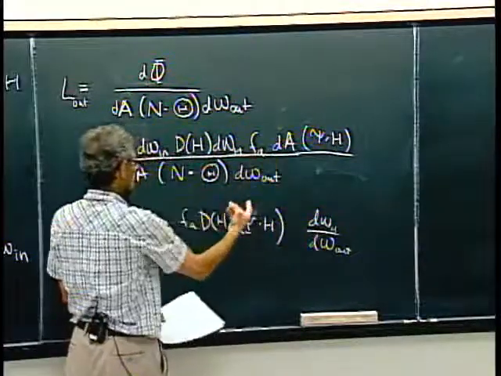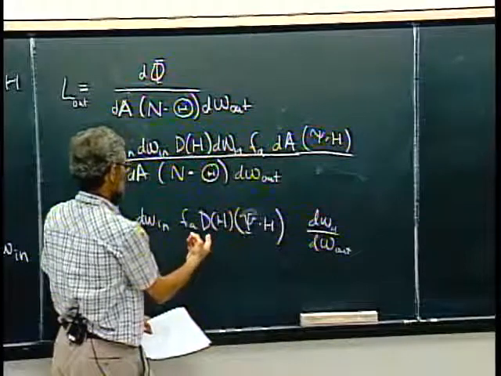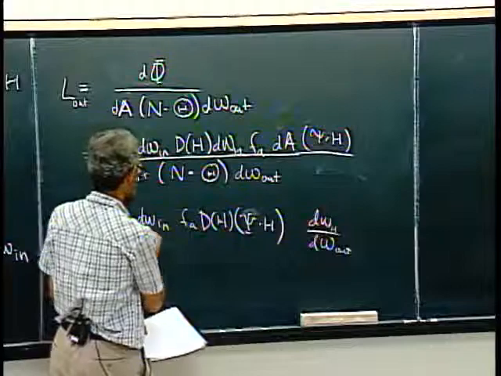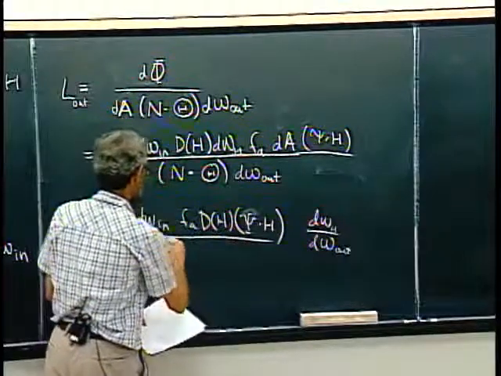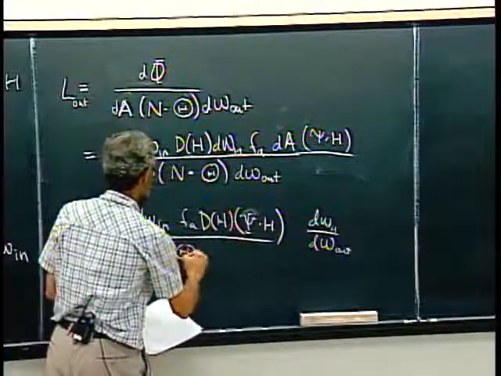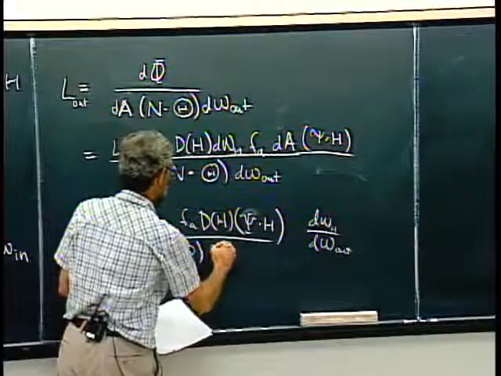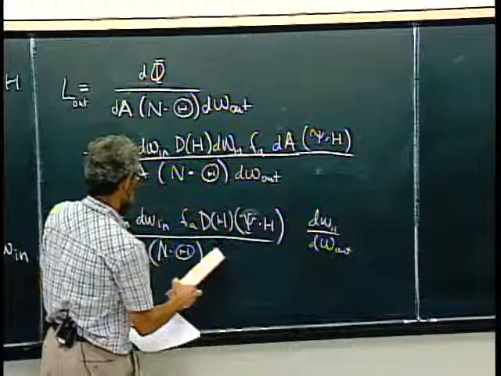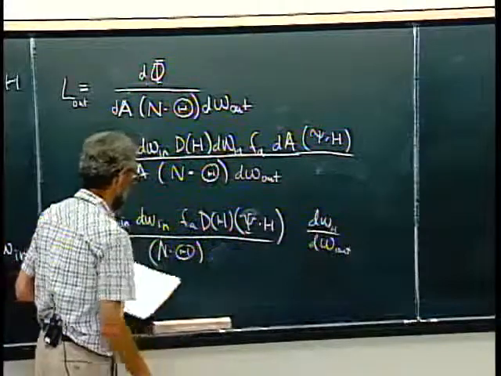And I'm canceling the dAs. And over here I have n dot theta. Well, I wrote my d omega out as part of this fraction, and the dAs cancel. So I guess that's what I have.